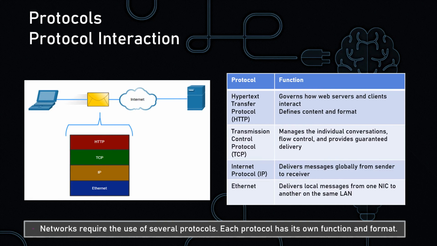Internet Protocol deals with how to send things globally from one sender to one receiver, or multiple receivers in the case of multicast or broadcast. Ethernet deals with the physical definitions of moving things from one NIC to another on the same LAN. So once something gets to the same local network as its destination, it is then able to rely on Ethernet protocol for locations rather than having to go through the routing protocol at IP level.